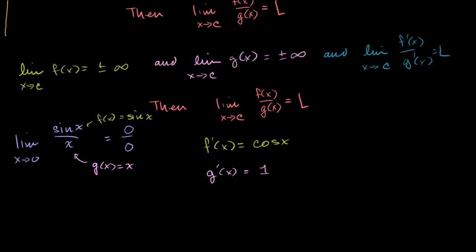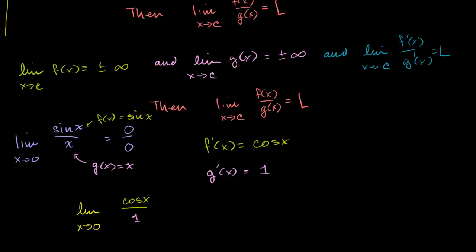So let's try to take the limit as x approaches 0 of f prime of x over g prime of x, over their derivatives. So that's going to be the limit as x approaches 0 of cosine of x over 1. And this is pretty straightforward. What is this going to be?